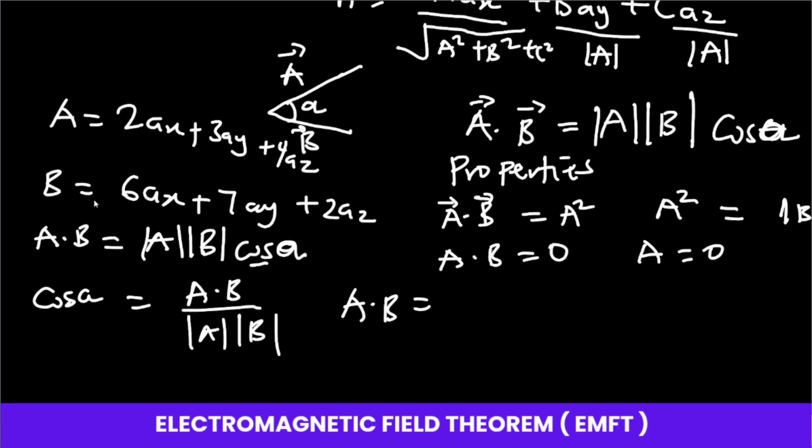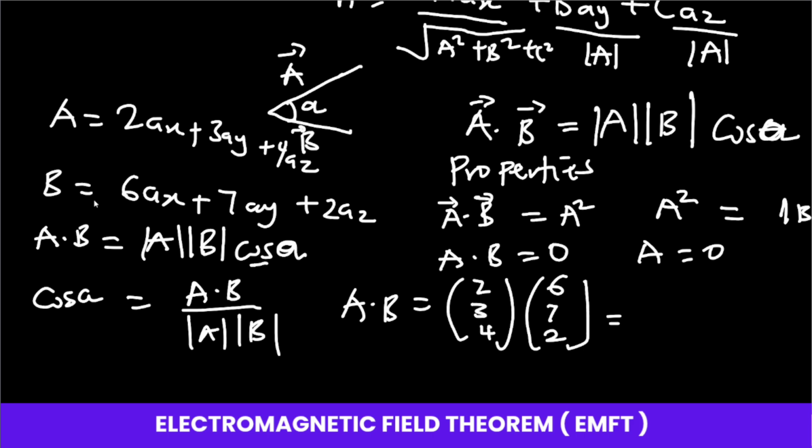Okay, so I can just put it in this form. I'll have A standing here as 2, 3 and finally 4, and I'm dotting it with the vector B, which is 6 in the x plane, 7 in the y plane, and 2 in the z plane.